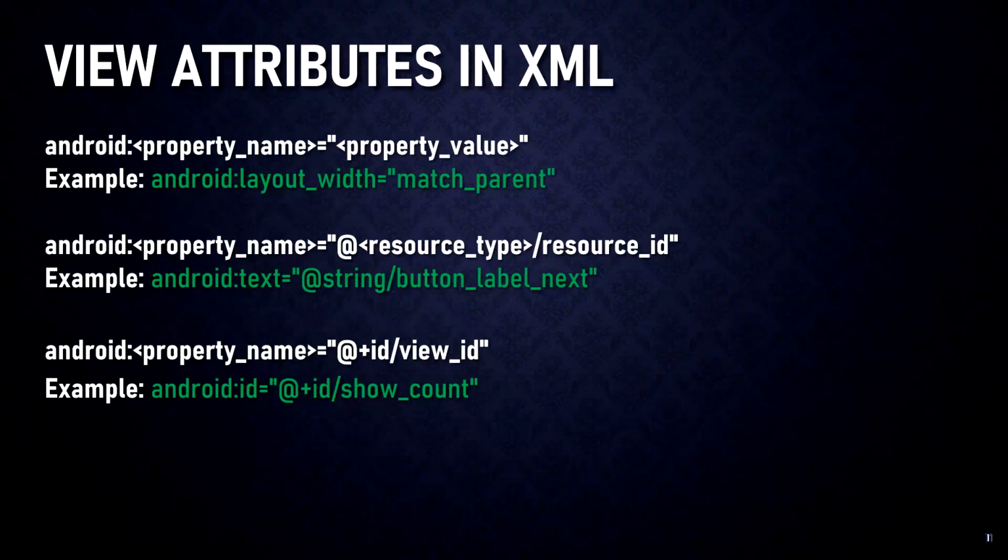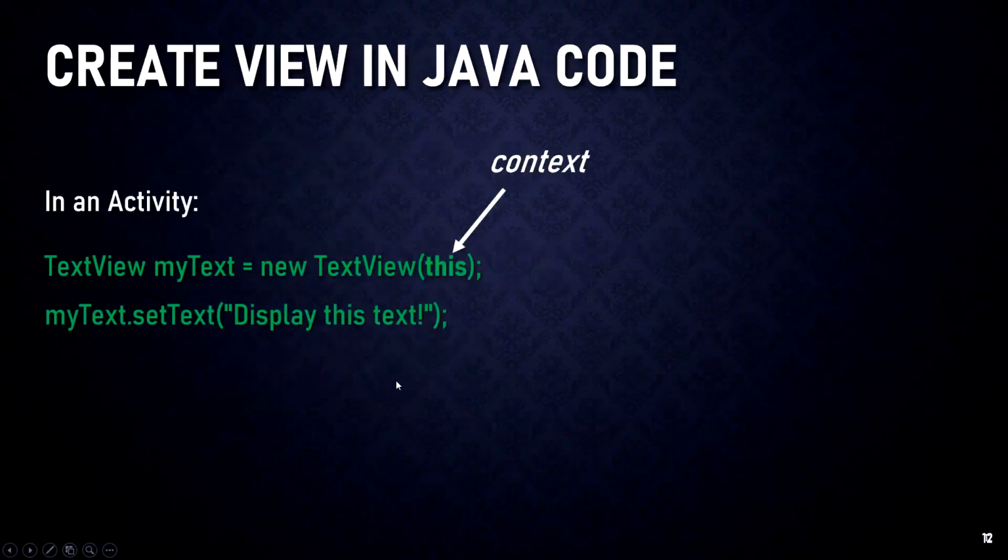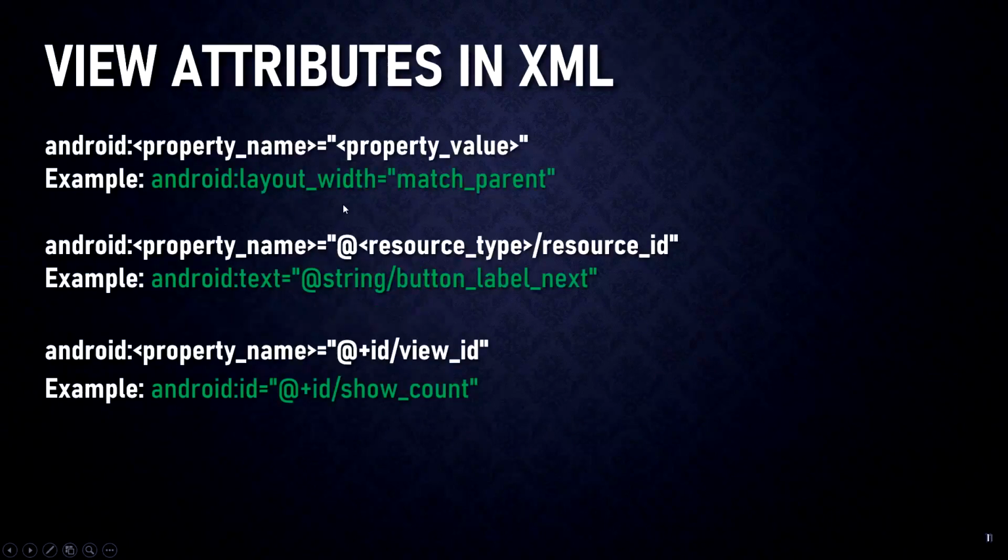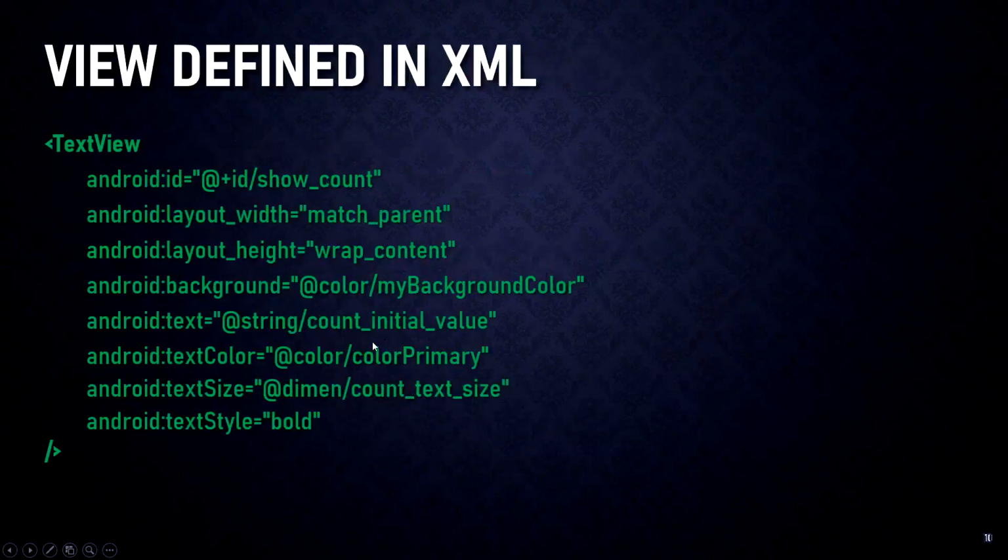The only way to access that view is using the ID. So don't forget to set this ID attribute in your view so that you can access that view in your Android code. We'll get into that in the practice part. Okay, this is the second way of creating a view using XML.